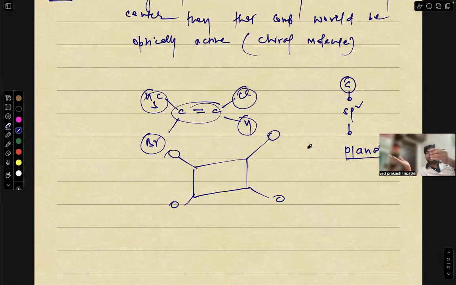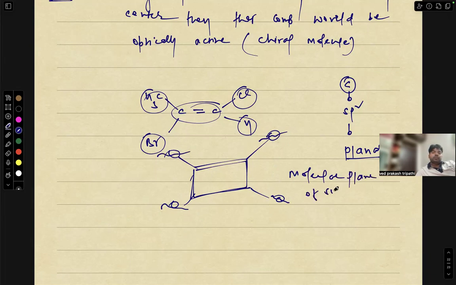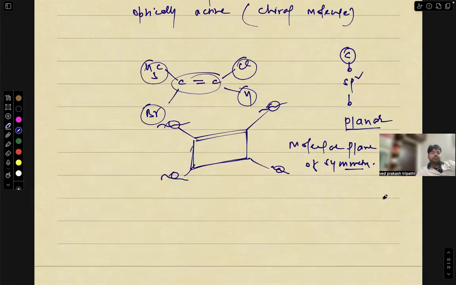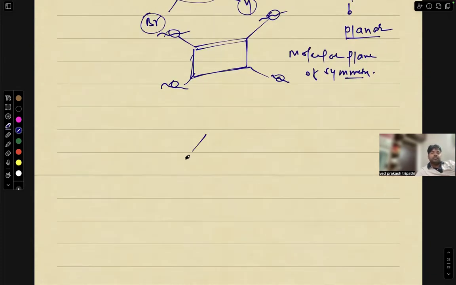Just like this pen, and you cut like that. So if you cut the molecule like here, this is divisible into equal parts, and this one as well. So this one has molecular plane of symmetry. Molecular plane of symmetry. Okay. So generally a planar compound has that kind of symmetry. Now look at this one.